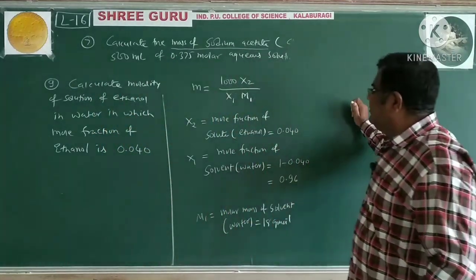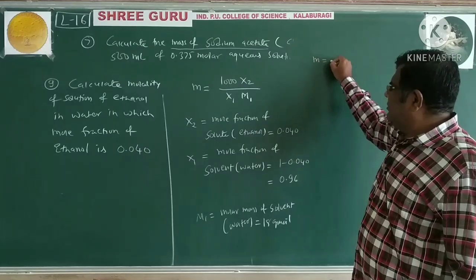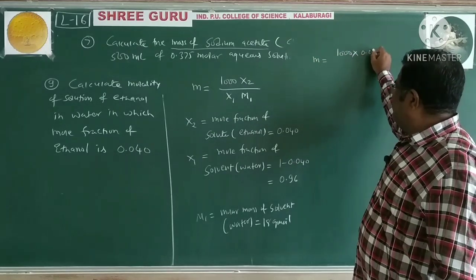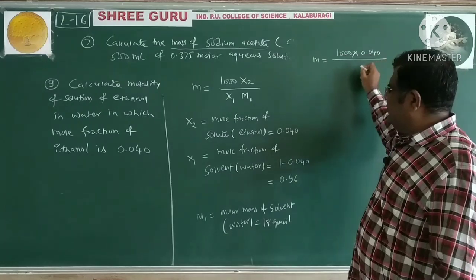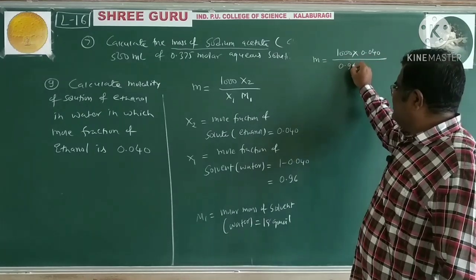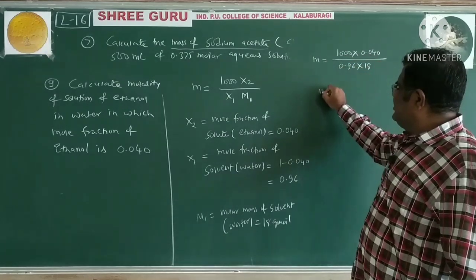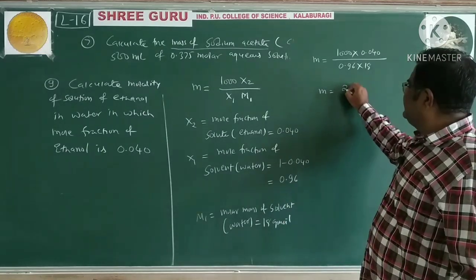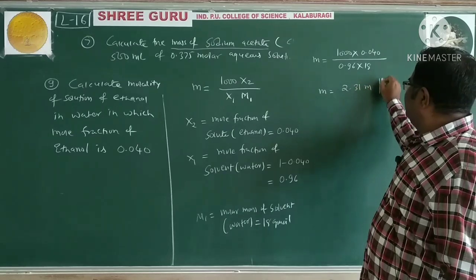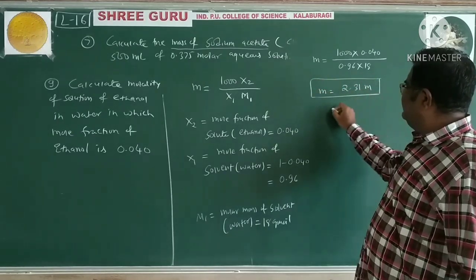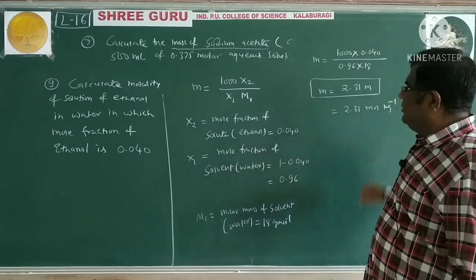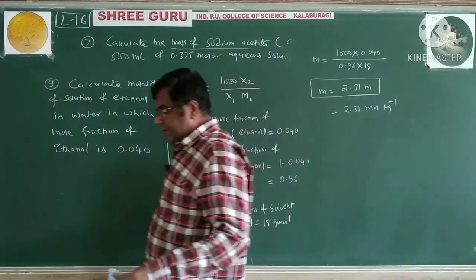It is m equals to 1000 into 0.040 divided by 0.96 into 18, and that comes to be 2.31 small m, or 2.31 mole per kilogram.